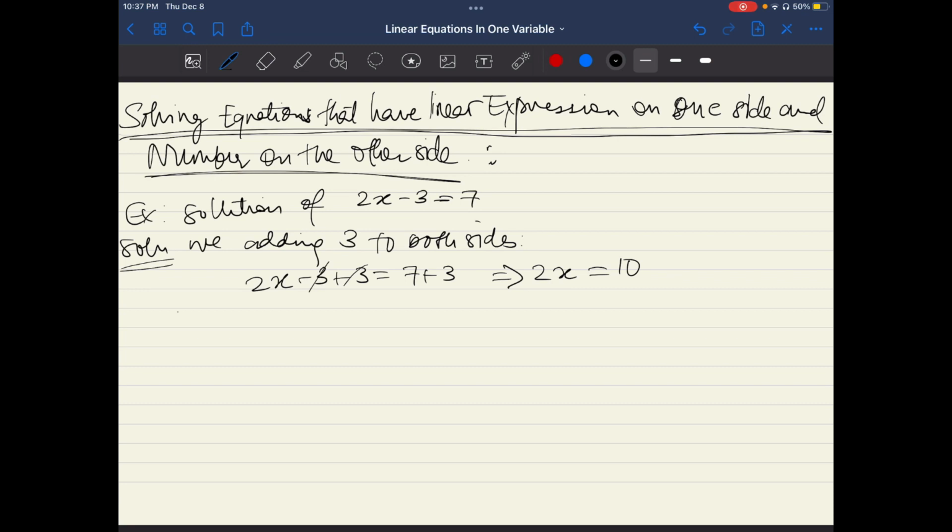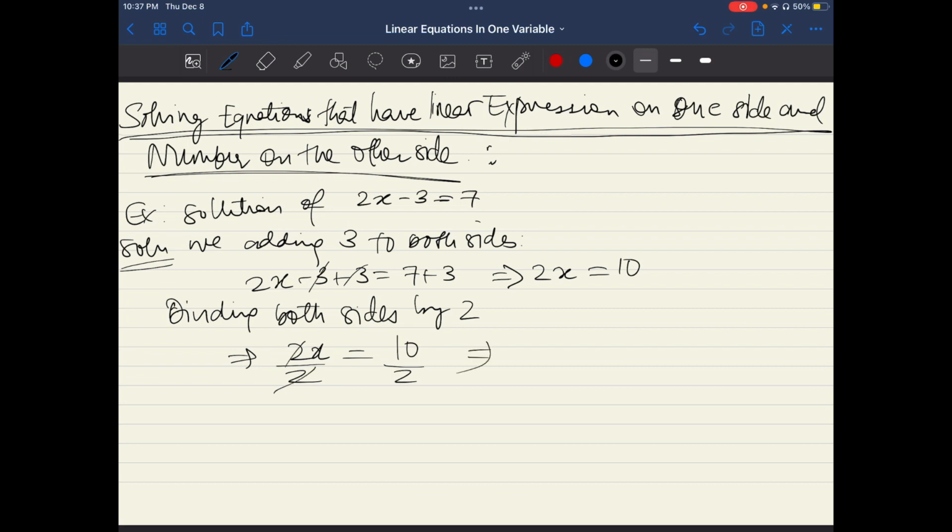And now another mathematical operation we're going to perform is dividing both sides by 2. We get 2x over 2 equals 10 over 2, which is x equals 5.